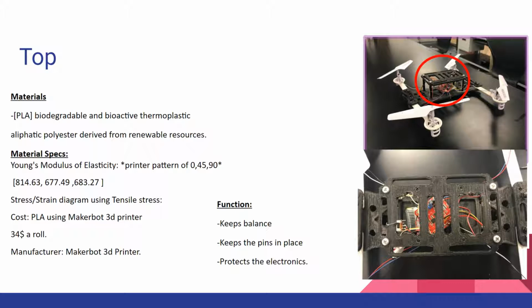As you can see, we've used that material for 3 different parts because it is what the MakerBot uses. The function of this piece is to keep balance and also keep the electronics from being exposed in case of any fracture or complication.